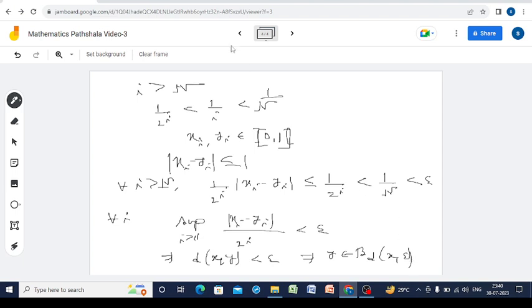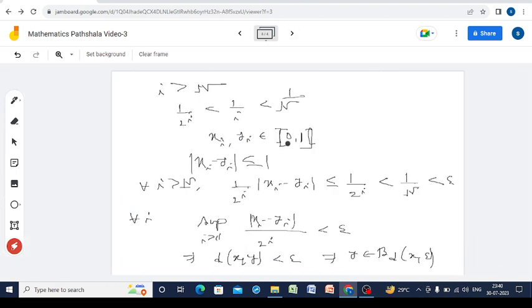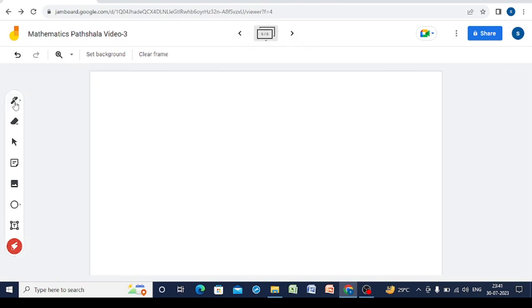So see again that we have taken any y belongs to V, and what we get is that this y belongs to B_d(x, epsilon), and also our x belongs to V. So merging this, we get x belongs to V subset of B_d(x, epsilon), and this we have taken as any basic open set B from our metric topology.